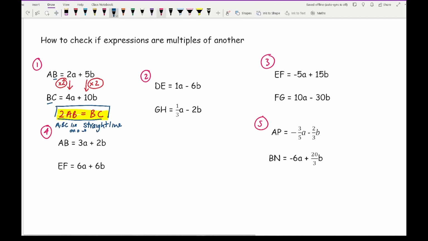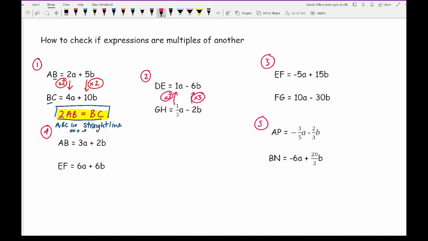So moving on to question 2. Again, looking at the common multiples. I see that this one is smaller, so I'm going to go from here to here. Here I'm going to be multiplying by 3, and here I'm also going to be multiplying by 3, and you can see that these numbers here are the same.